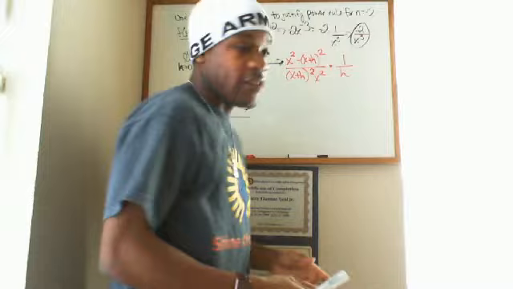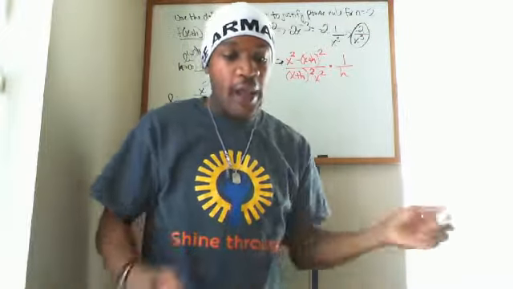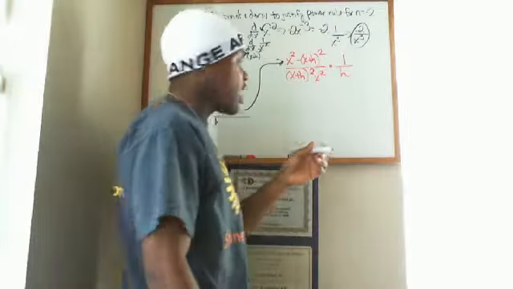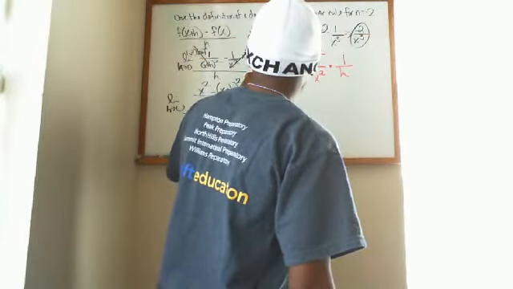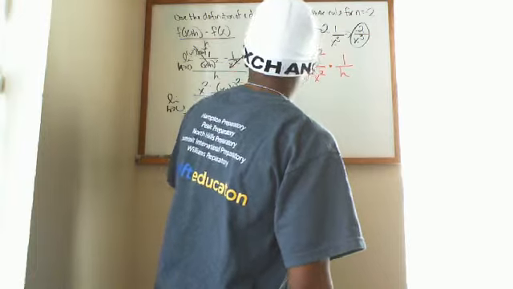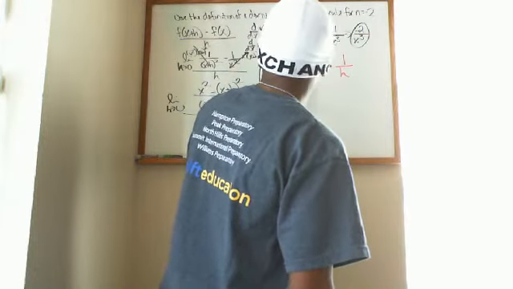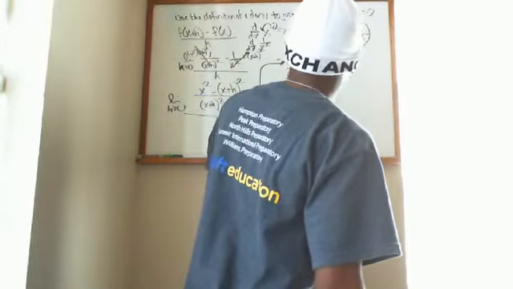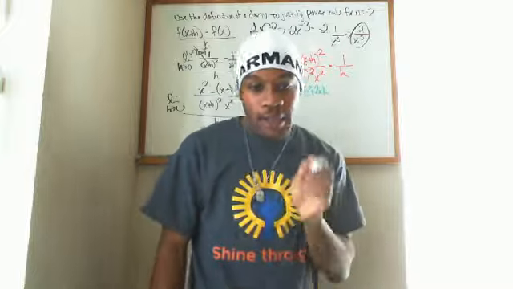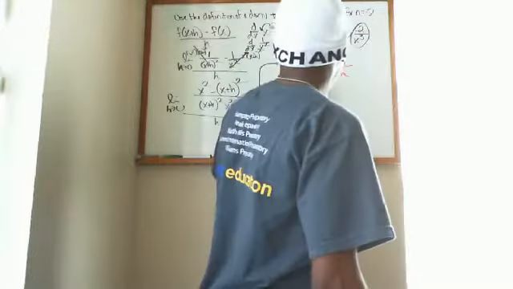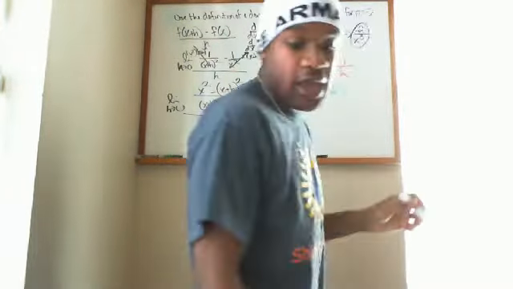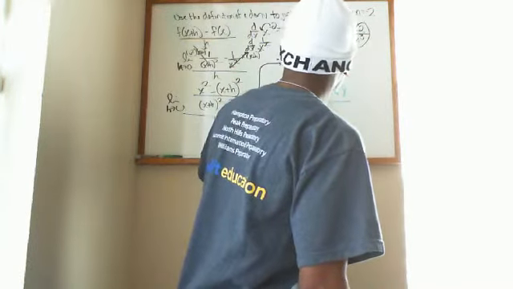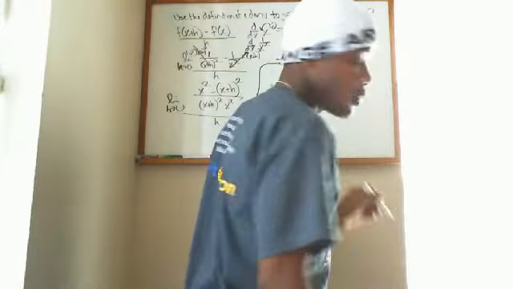Now, to simplify this particular problem, I'm going to take the limit as h goes to 0 and do x squared minus all of it, which will be x squared plus 2xh plus h squared, all over h times x plus h squared times x squared.